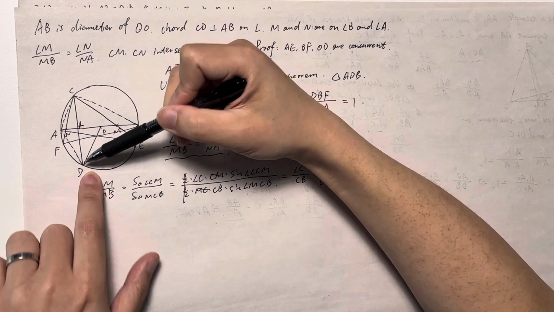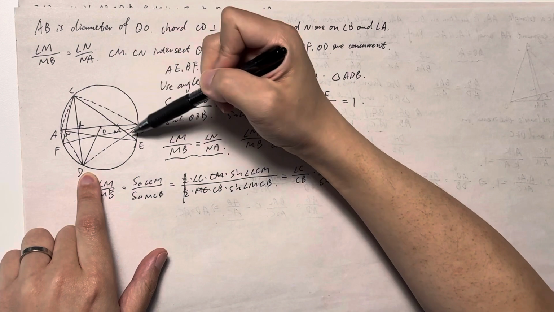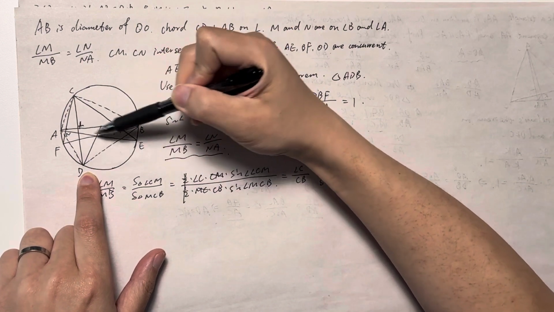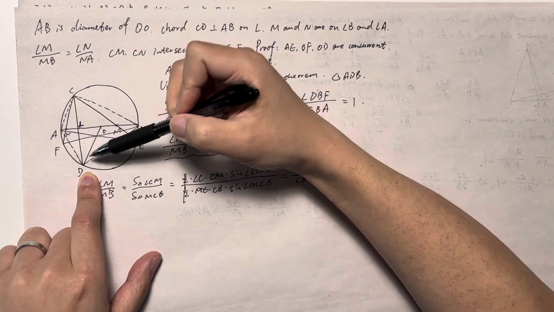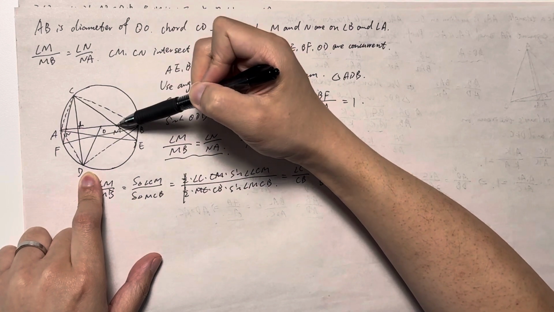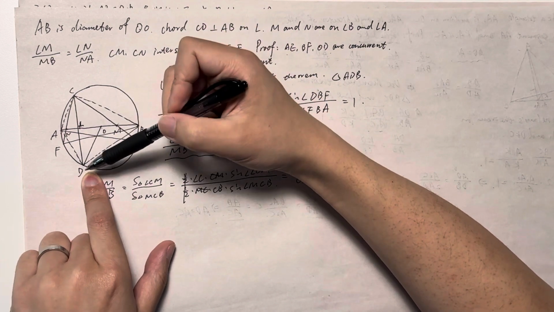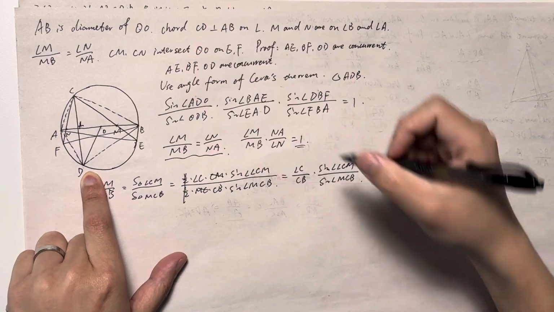Because DCE equals DAE, the sine of angle LCM can be rewritten as sine angle DAE, right?